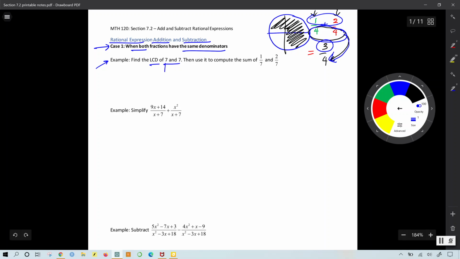In the same way, you would say that the lowest common number, or the lowest number that both 7 and 7 can divide into, is 7 itself.